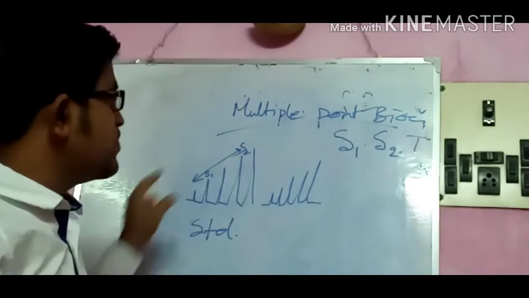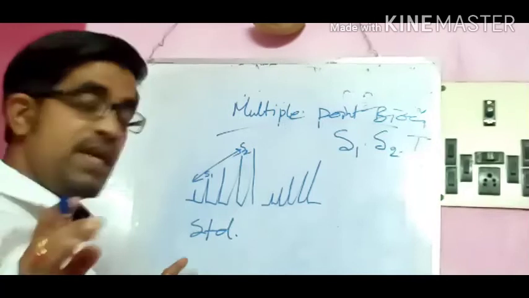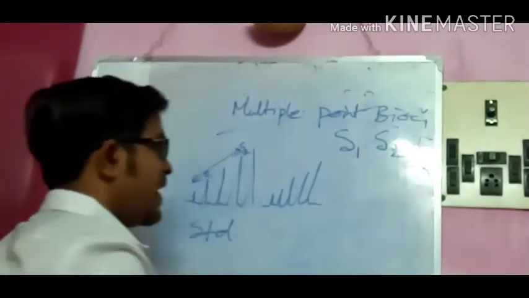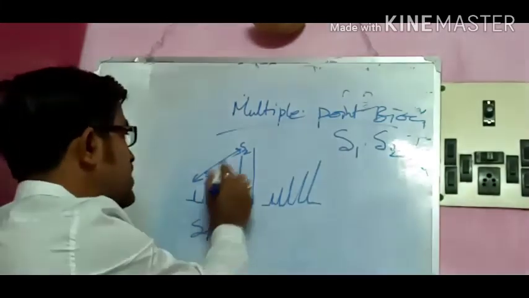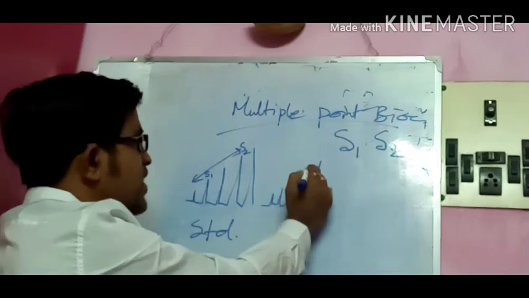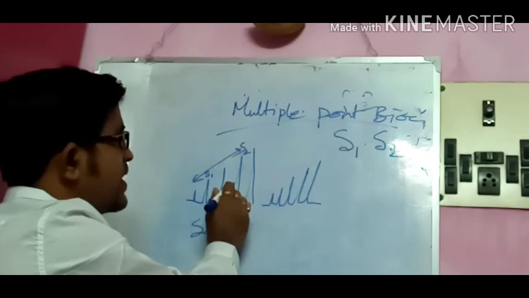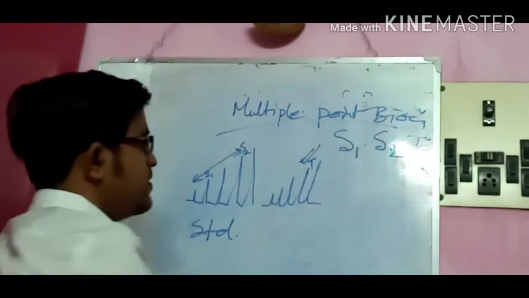These two doses you have to find out from the standard DRC, because S means standard. For T, you have to select a dose whose response length lies between S1 and S2. It should be larger than S1 and smaller than S2. So we can select this one as T.